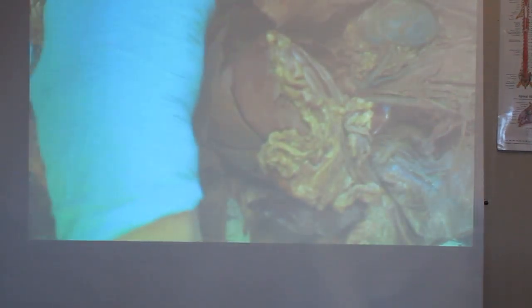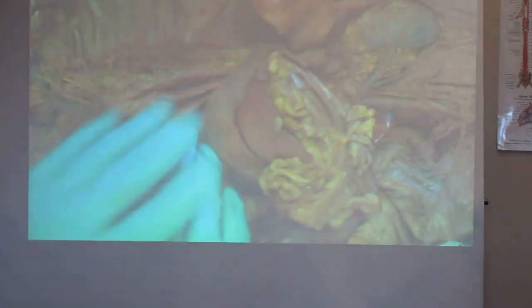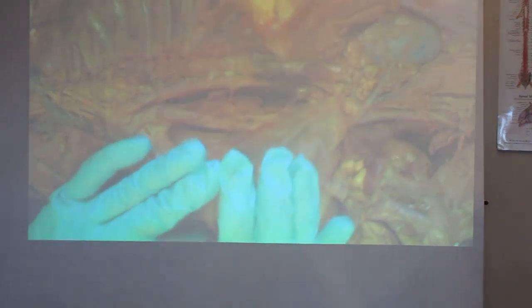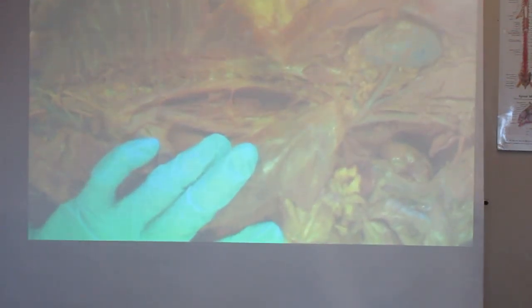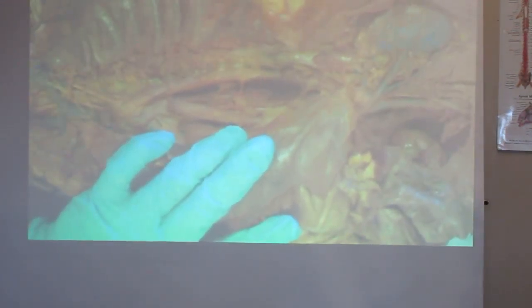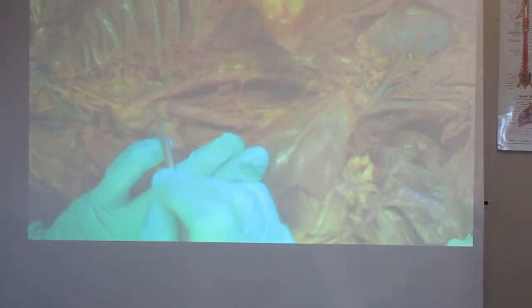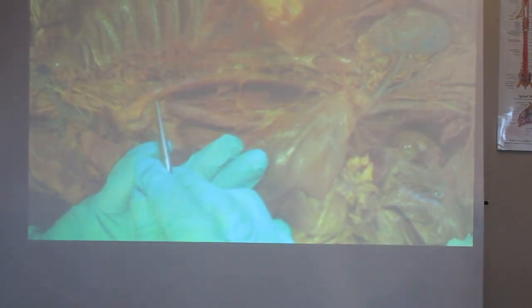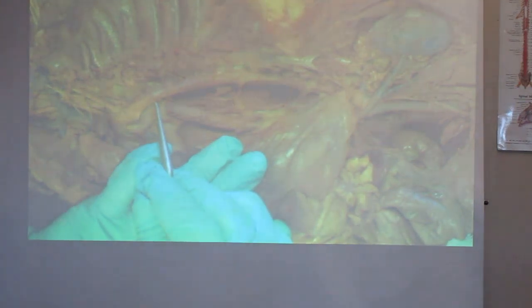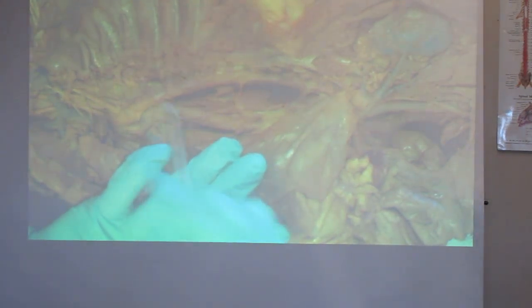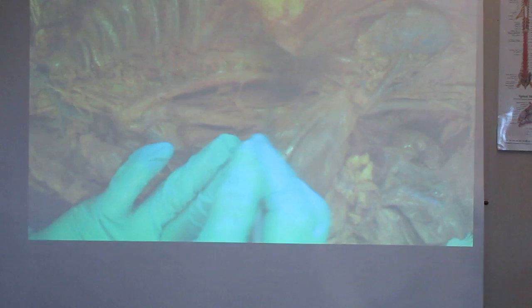Now we take the contents and we're going to shift them. Here is our thoracic or descending aorta. Notice the big piece of plumbing.